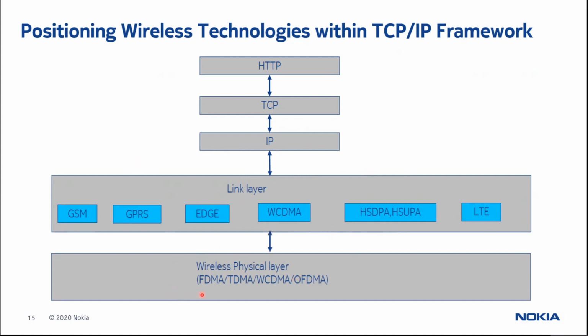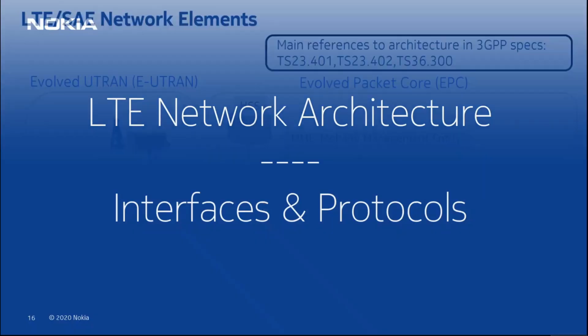So the underlying access technologies that you have, frequency division multiple access, time division multiple access, WCDMA or OFDMA, this is basically the air interface technology in LTE. They're all part of the physical layer. And then you have the networking layer, the transport layer, and the application layer. So it is generalized. The 7-layer model is getting culminated into a 5-layer model here.